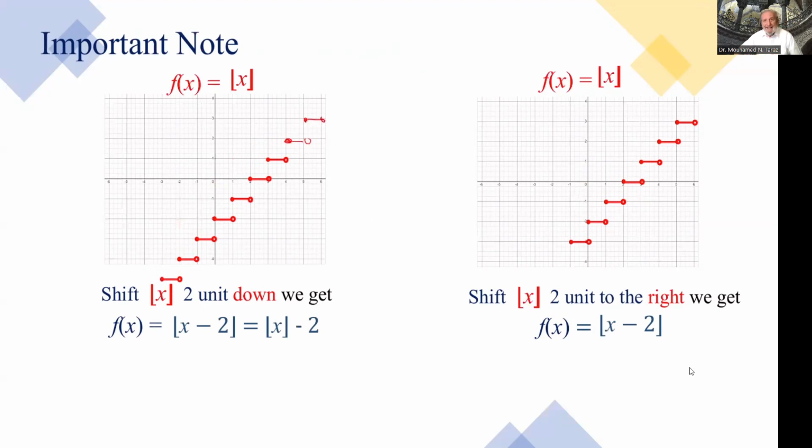These two functions are the same because you can continue here, see? You can get the same results because when f(x) is the floor function of x minus 2, this 2 can be taken outside of the floor function. Which means your function, floor function of x, you dropped it down 2 units, minus 2. And those are the same.